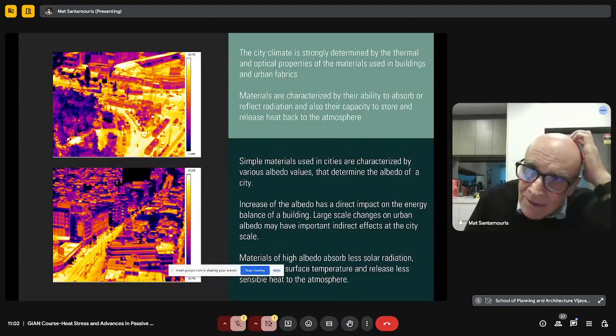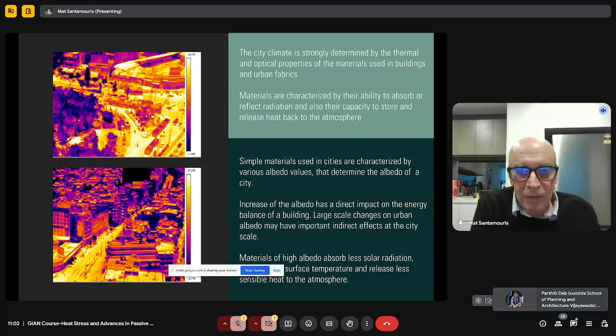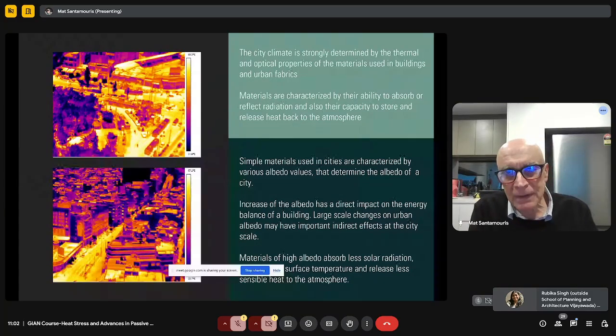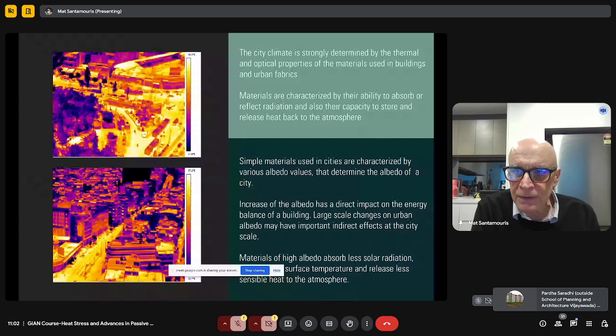So, why is it important to discuss materials? Because the climate of the city is very much determined by the thermal and optical properties and characteristics of the materials used in buildings and also in urban structures.